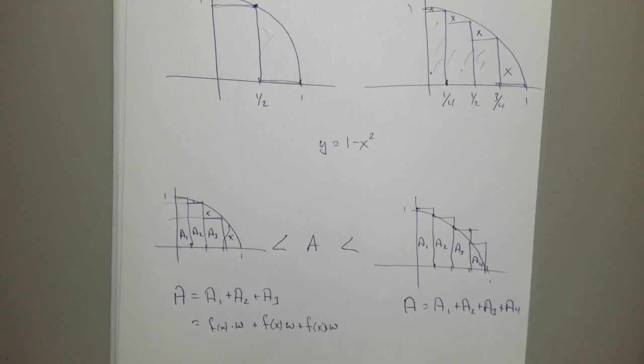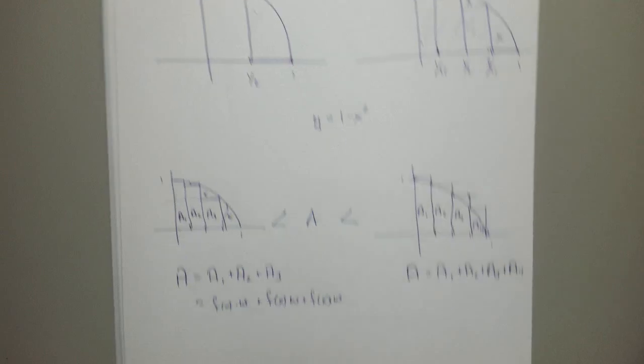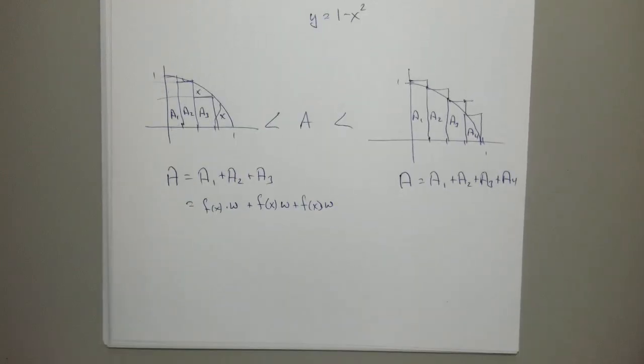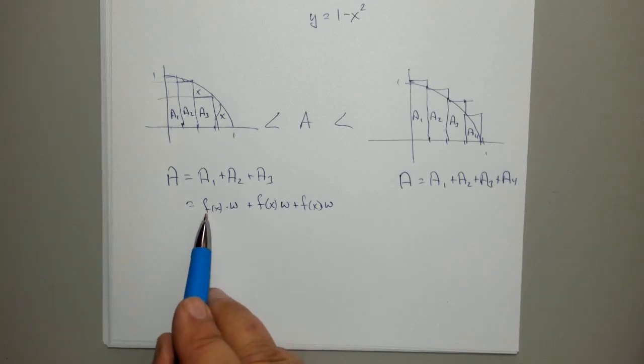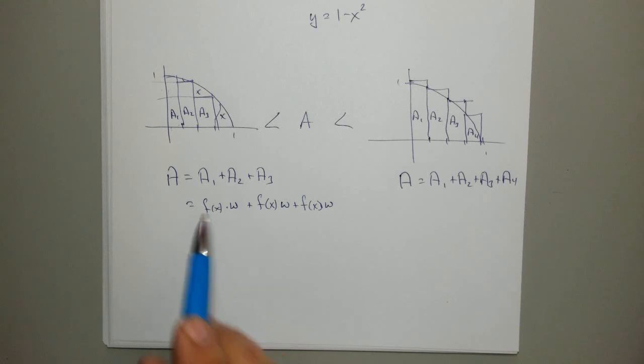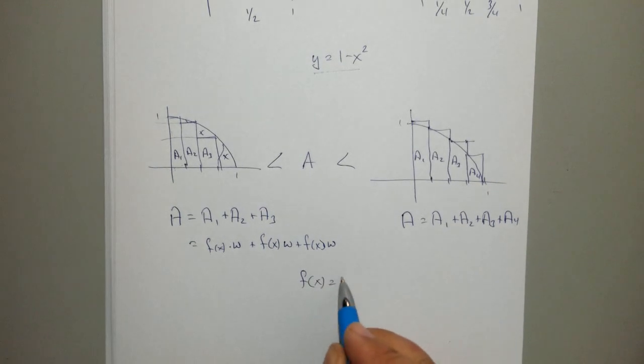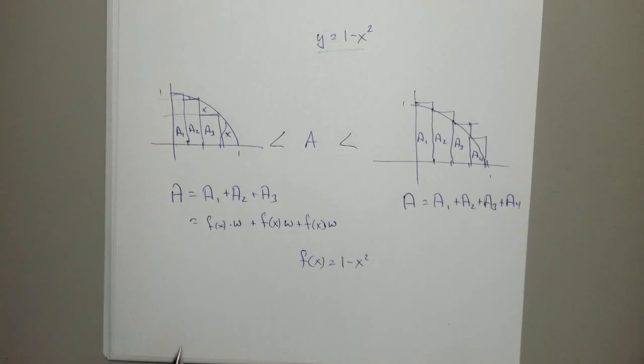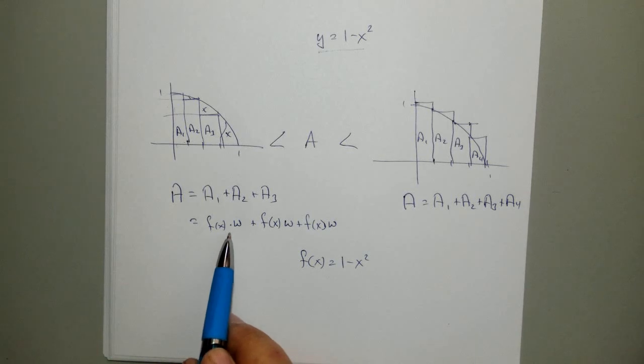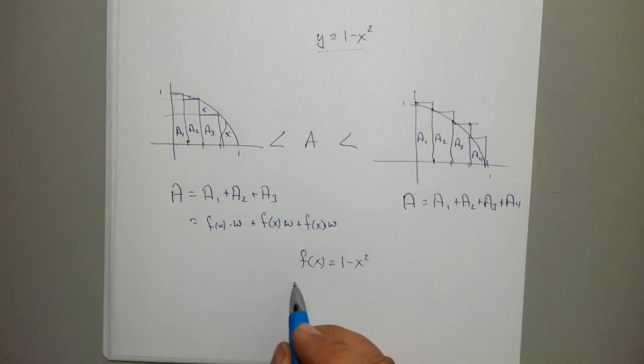So the only thing that changes in this formula, what does f represent? So f is the function 1 minus x squared. What does w represent? The width. How do we find the width?